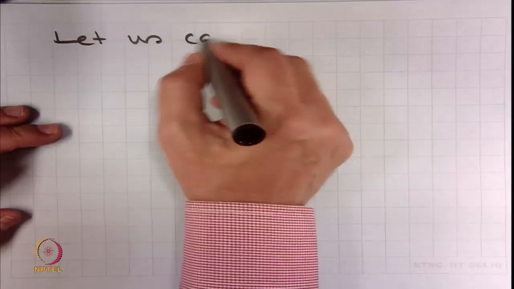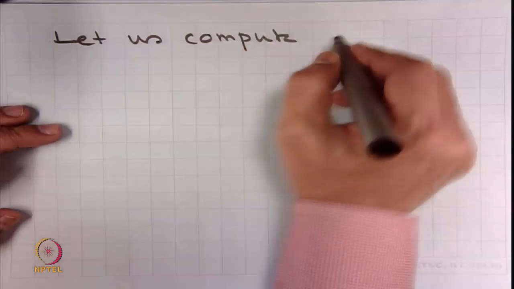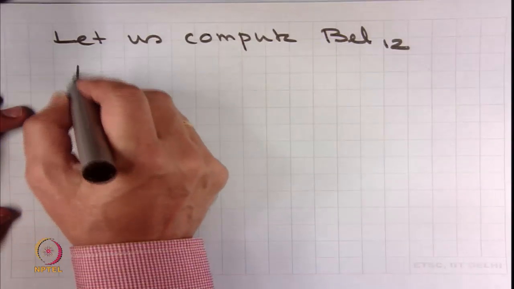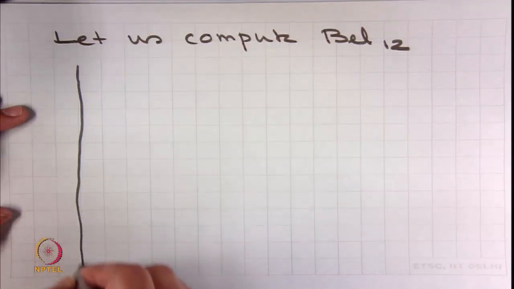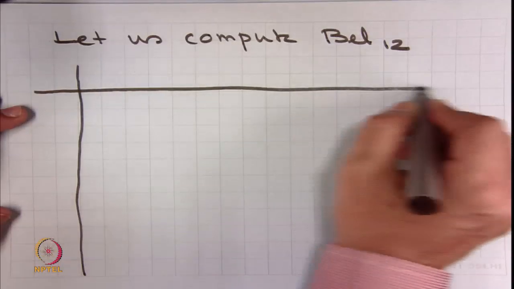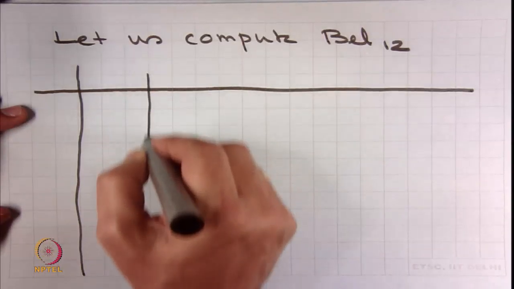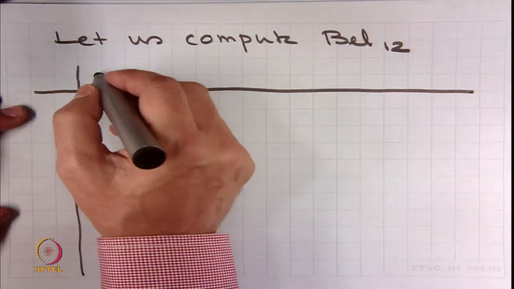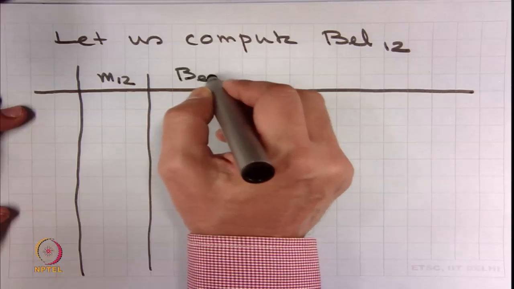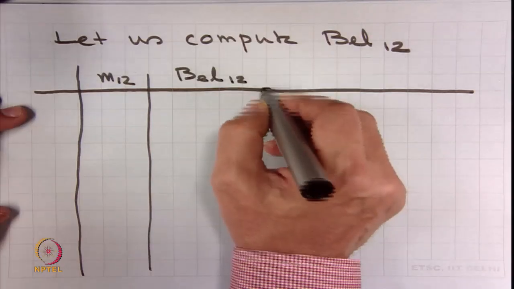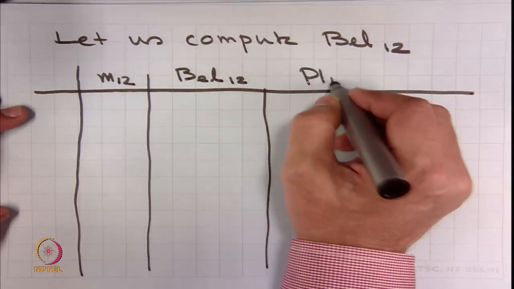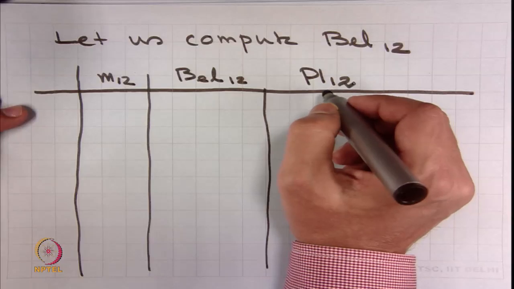So, let us compute belief 12. We have M12, we already had those values, and we are also going to calculate plausibility 12.